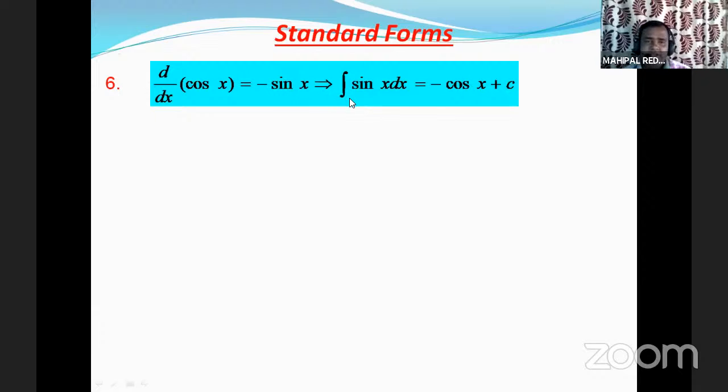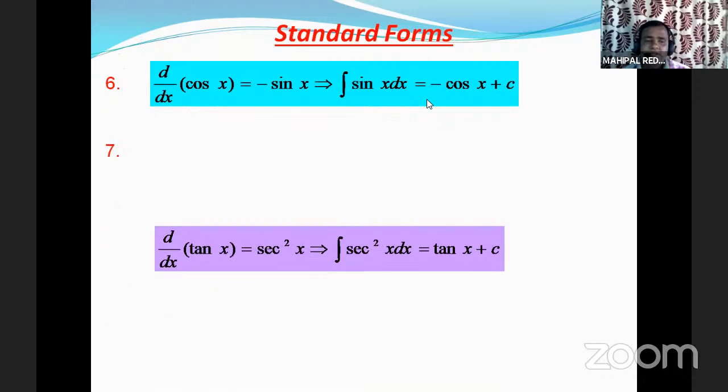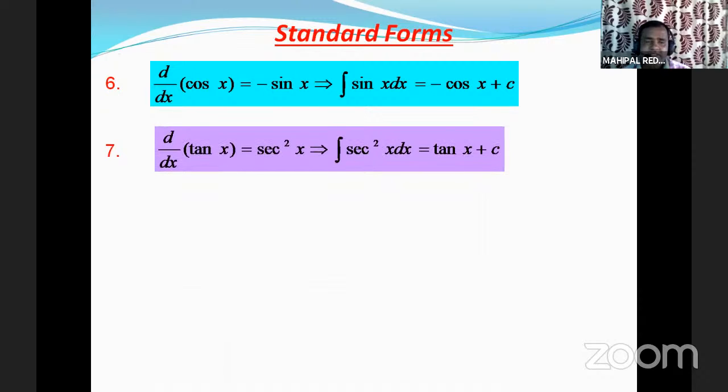That's why integration of sin x equals minus cos x plus c. Seventh one, the derivative of tan x equals sec square x. It implies integration of sec square x equals tan x plus c.